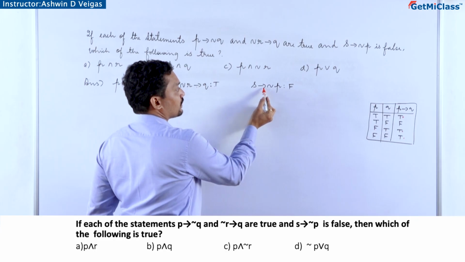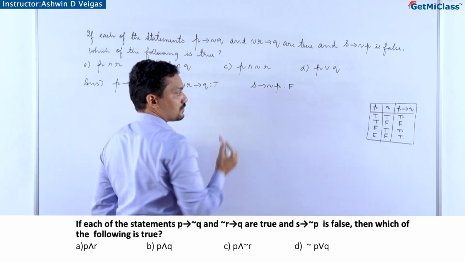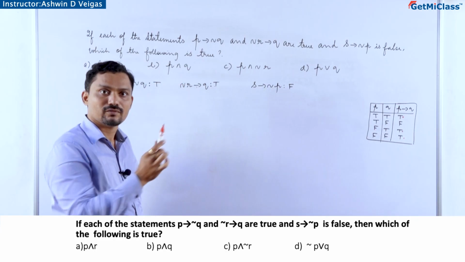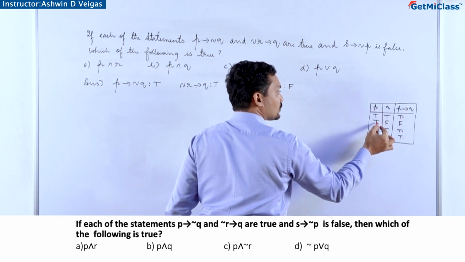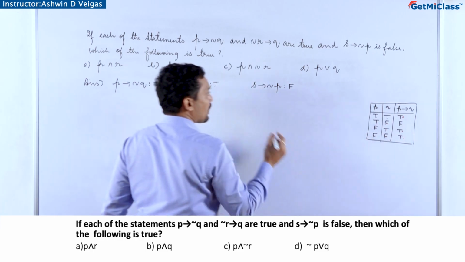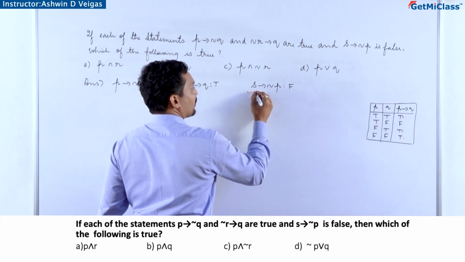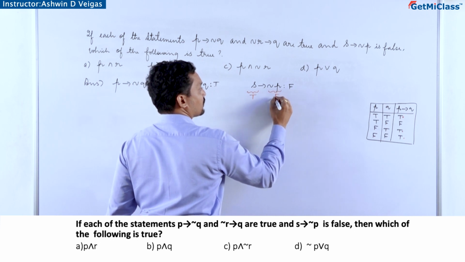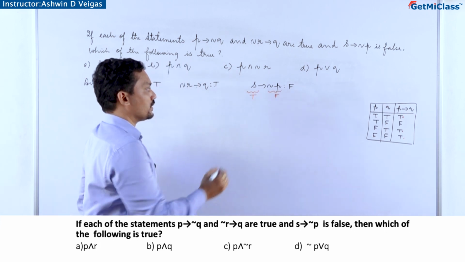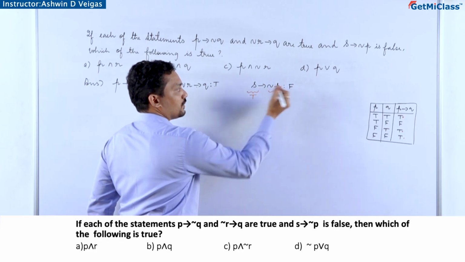So, we see here that the implication is false. It is false, there is only one case. The implication is false only when the first one is true and the second one is false. So, therefore, there is only one case here: this one should be true, this one should be false. Okay. So, now true then false will be false.